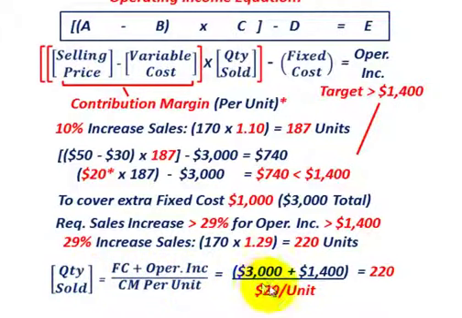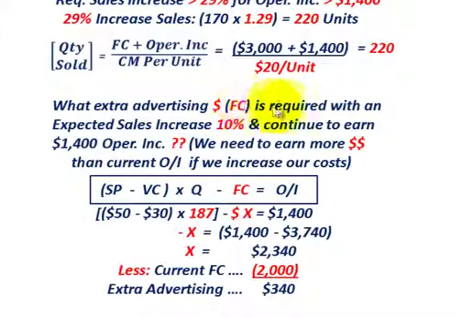Now let's look at the question. What extra advertising dollars in fixed costs are required with our expected sales increase of 10%? If we only expect the sales to be up 10%, what can we really justify in extra advertising fixed cost, where you'd be continuing to earn the $1,400 in operating income?